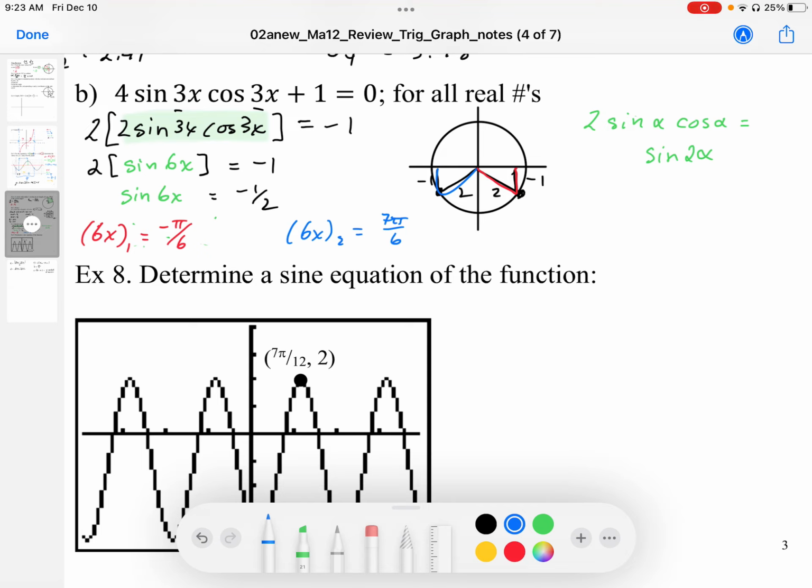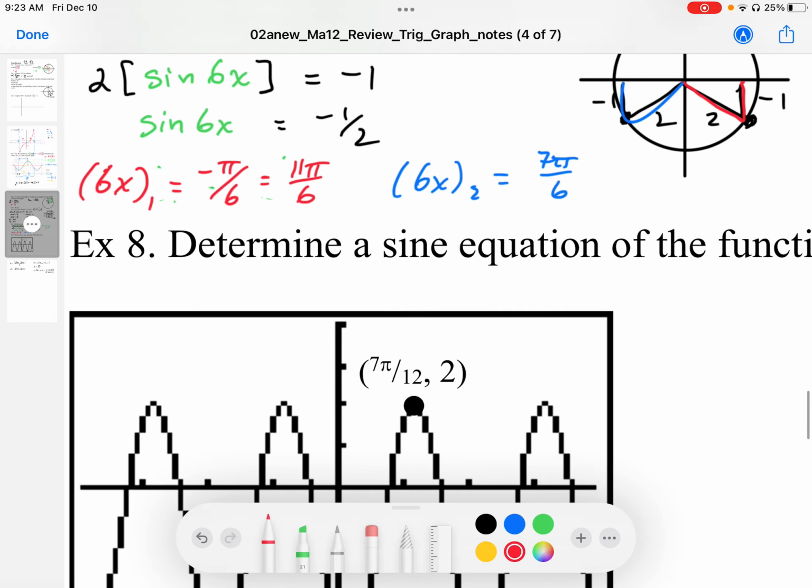Okay, so those are two positions that we have. We could maybe put this in the same period. So I'm going to convert that first one into a positive angle, into 11 pi over 6, and then we can solve for x. I need a little bit of space. I'm going to have to zoom in. Solving for x, we're going to divide by 6.